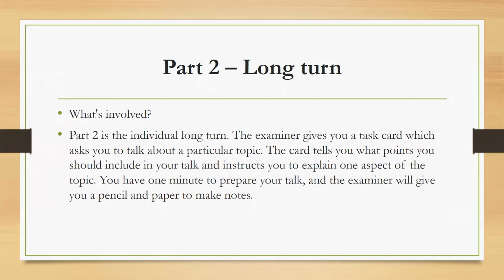You have a minute to prepare your talk, and the examiner will give you a pencil and paper to make notes. So in part 2, you'll be given a paper. The paper has a topic, and the topic has some subtopics you're going to talk about. On top of that, the examiner will give you a fresh sheet of paper. If they don't give you, request for it, ask for it. But they will give you a paper and a pencil.